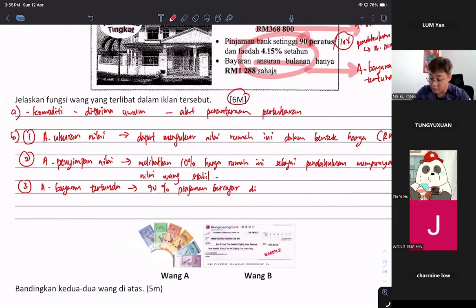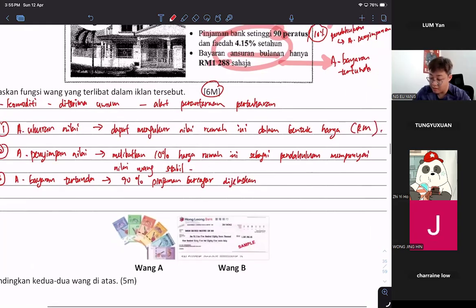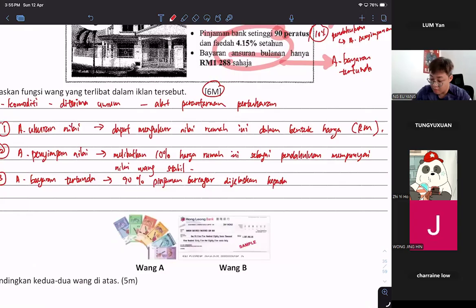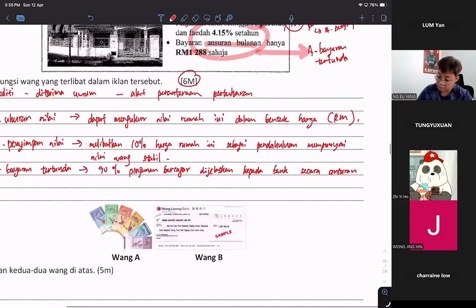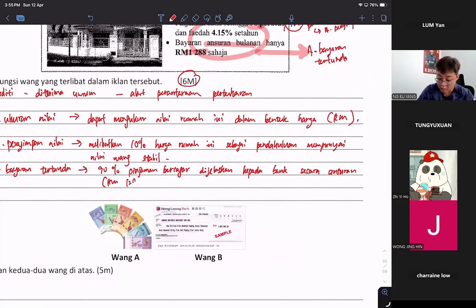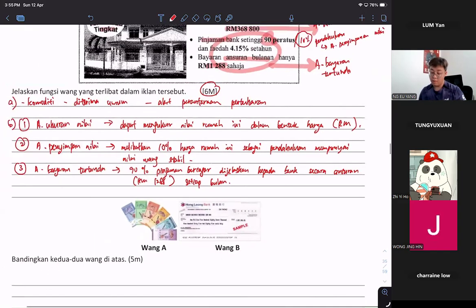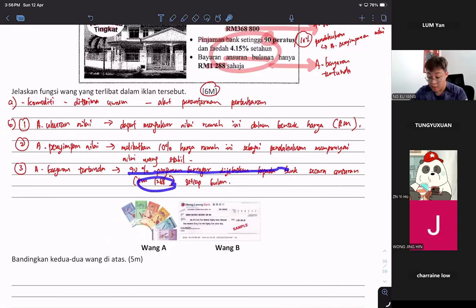Pinjaman berjangka dijelaskan kepada bank secara ansuran, with your RM 1,288 setiap bulan. So ansuran bulanan setiap bulan. Or you can try to reconstruct: 90% pinjaman berjangka dijelaskan kepada bank dengan RM1,288 secara ansuran bulanan. So whatever you want to be your ayat.